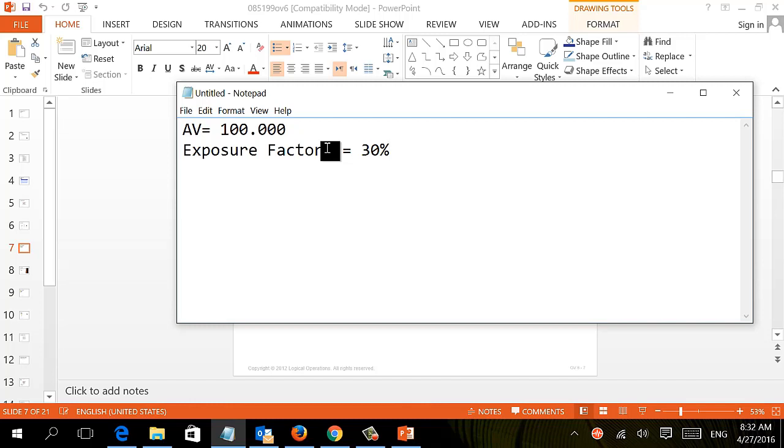There are some standards, there is historical information, but inside the exam, you will be given that information. You have one vulnerability that we are analyzing, and he will give you the assets value and the exposure factor.